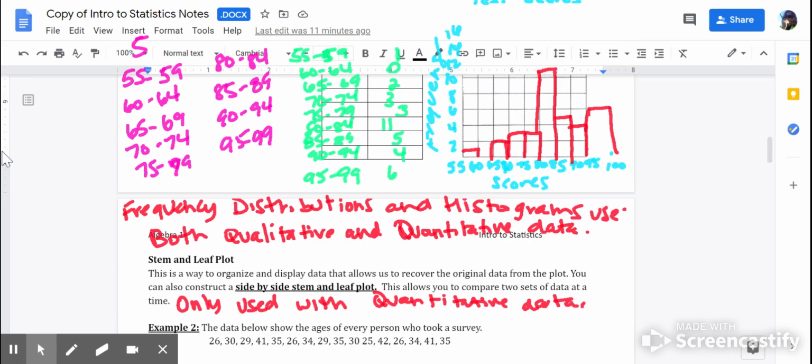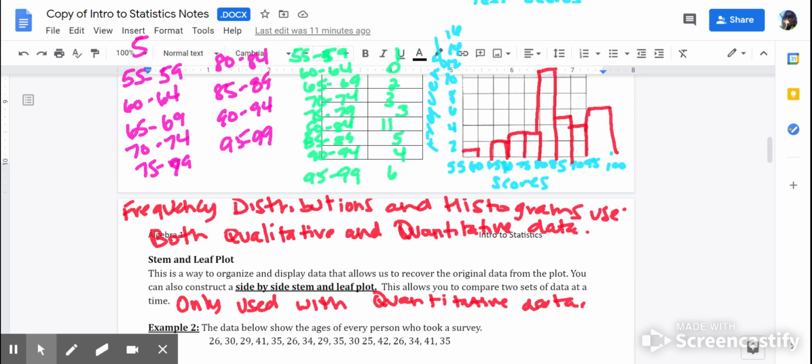Again, we've just talked about frequency distributions and histograms, and frequency distributions and histograms can use both qualitative and quantitative data. So I can use colors, I can use numbers, I can use any kind of category with frequency distributions and histograms. So when we look at stem and leaf plot, that's simply another way to organize and display data.